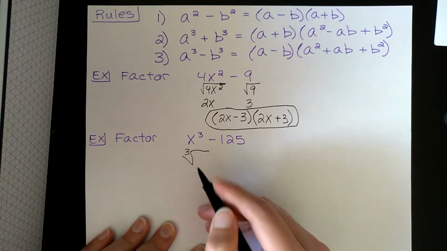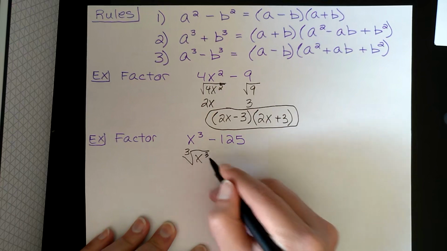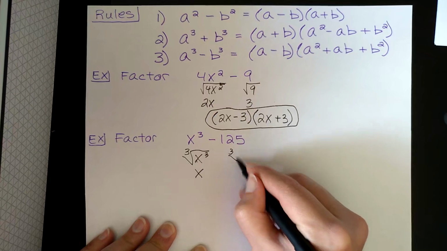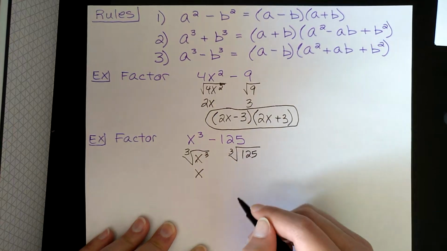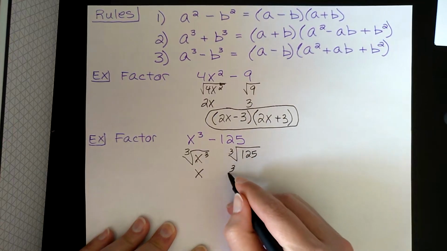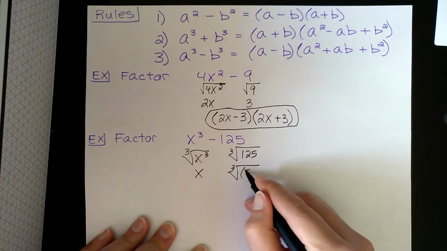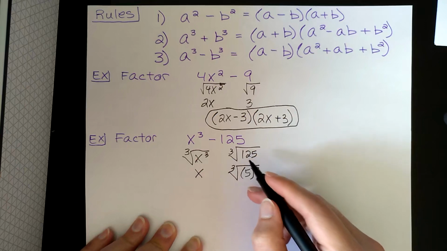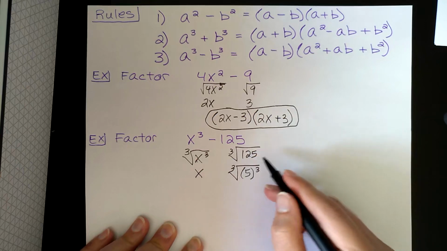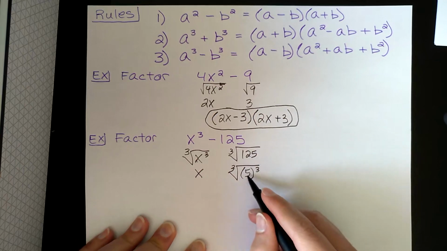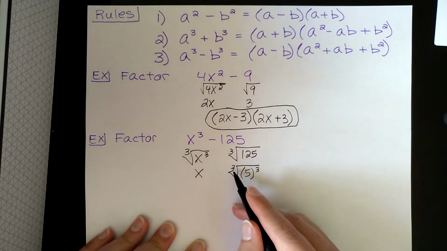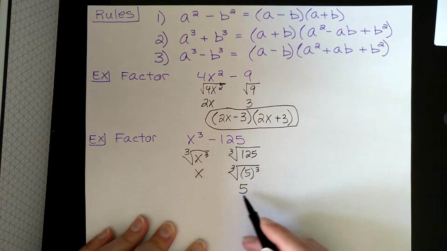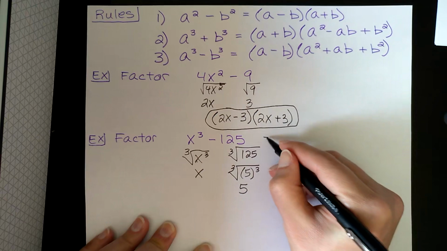So the cube root of x cubed we know is just x, and the cube root of 125 we could rewrite as the cube root of 5 cubed. Remember, 125 is just 5 times 5 times 5 if you did a prime factorization tree. So we just get 5 cubed, and now the cube root of 5 cubed gives us 5. Both of them are perfect cubes, so the formula works out.